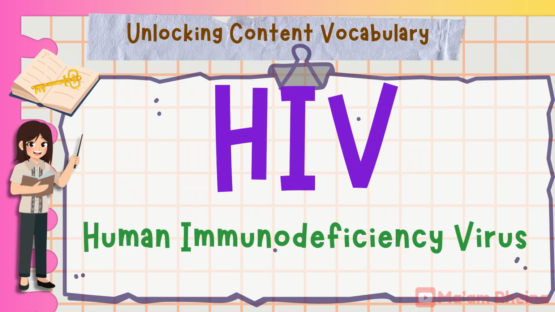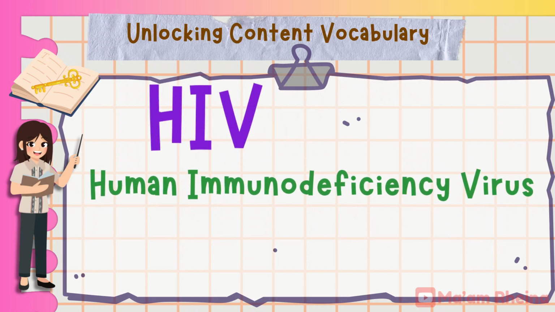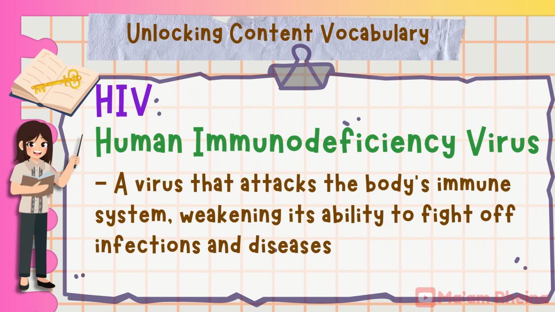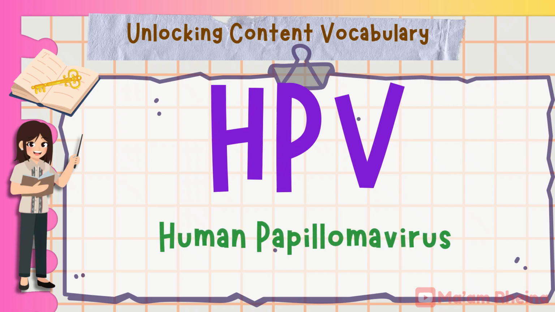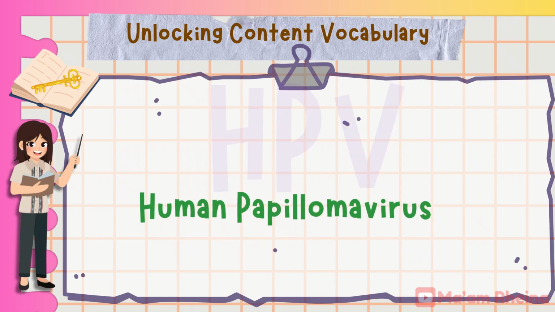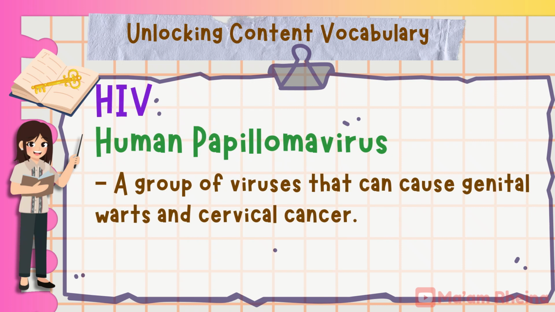HIV, human immunodeficiency virus. A virus that attacks the body's immune system, weakening its ability to fight off infections and diseases. A virus that makes the body's defense system weaker over time. HPV, human papillomavirus. A group of viruses that can cause genital warts and cervical cancer.